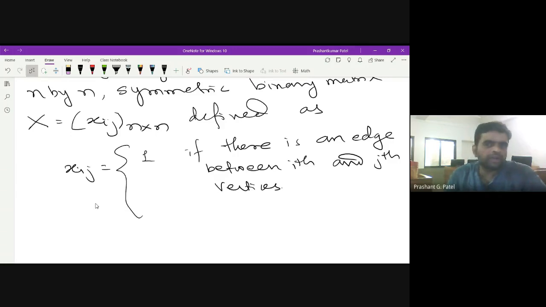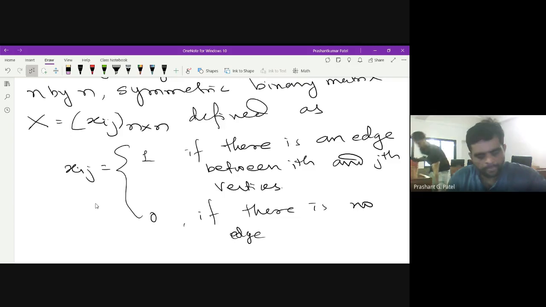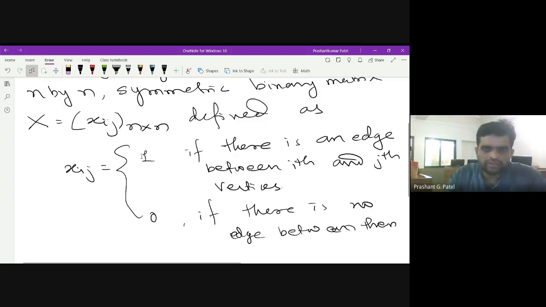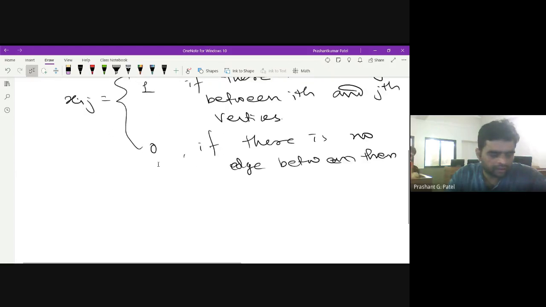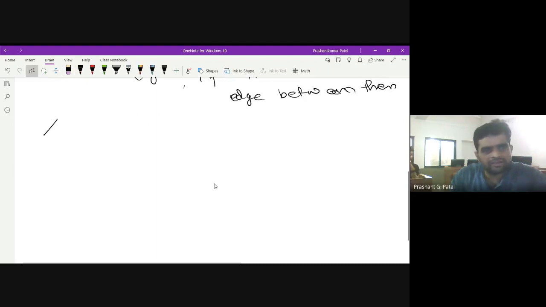So if there is an edge between the ith and jth vertices, then that entry is 1, otherwise it will be 0, if there is no edge between them. So this is the definition of the adjacency matrix. And the adjacency matrix is generally denoted by X of G. This is the notation for the adjacency matrix.